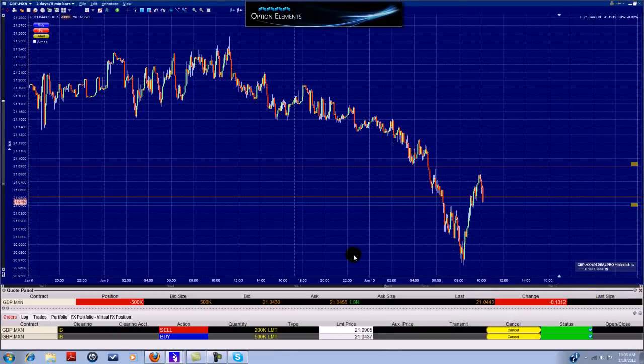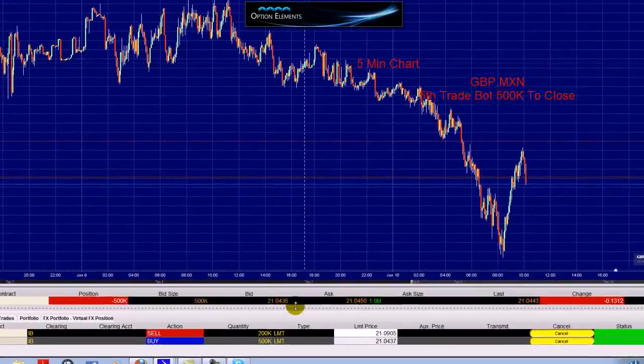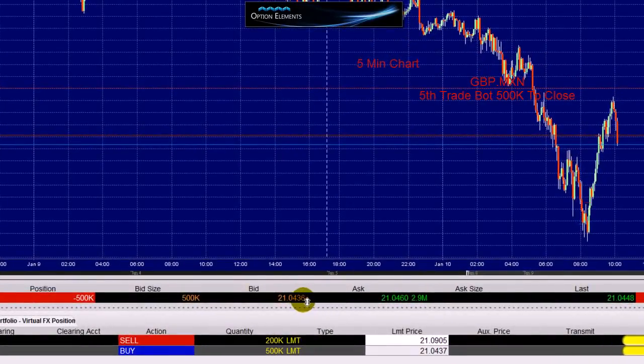Looks like we might be getting filled on our buy order to close out our Mexican peso. We're short 500 of them. We've got an order in to buy at 43.7, and there we are.